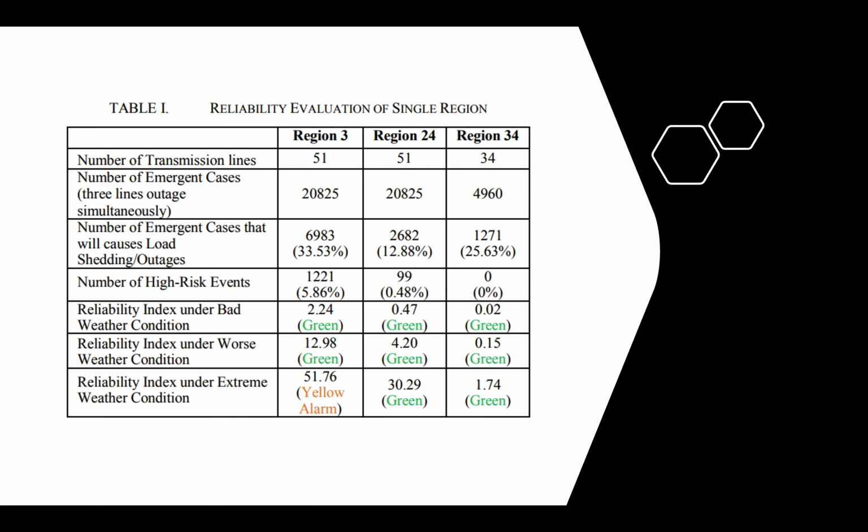This is the reliability evaluation of a single region from the function we got in the previous slide. We can see the reliability index under bad weather condition, under worse weather condition and under extreme weather condition.